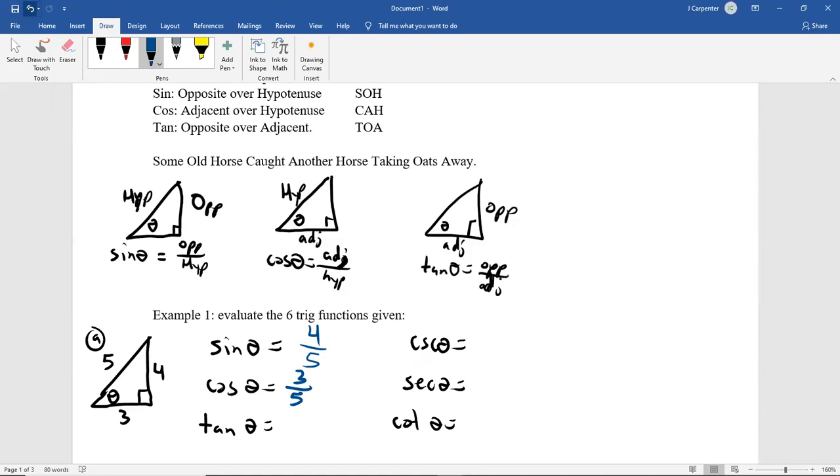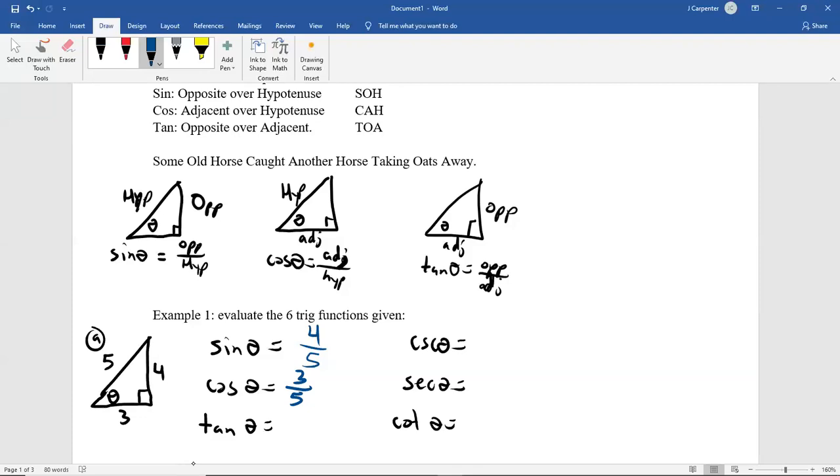Tangent, TOA. Now again, you don't get an abbreviation for cosecant, secant, and cotangent. Nobody's really come up with a clever mnemonic device for it. And plus, with the whole reciprocal relationship that I will actually write down formally later, it's just really easy to find these three based on the other three, but we'll get there. Tangent is TOA, opposite over adjacent.